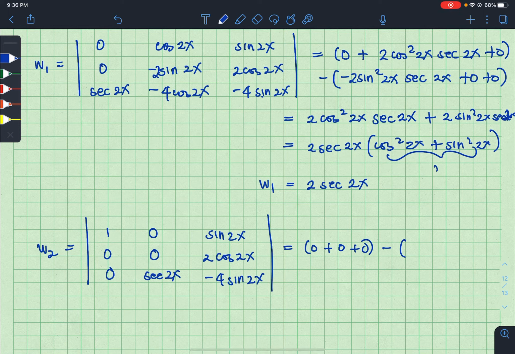And minus, upward is 0, the middle, the second, is 0 as well. And lastly, we just have 2, so plus 2 cosine 2x secant 2x.